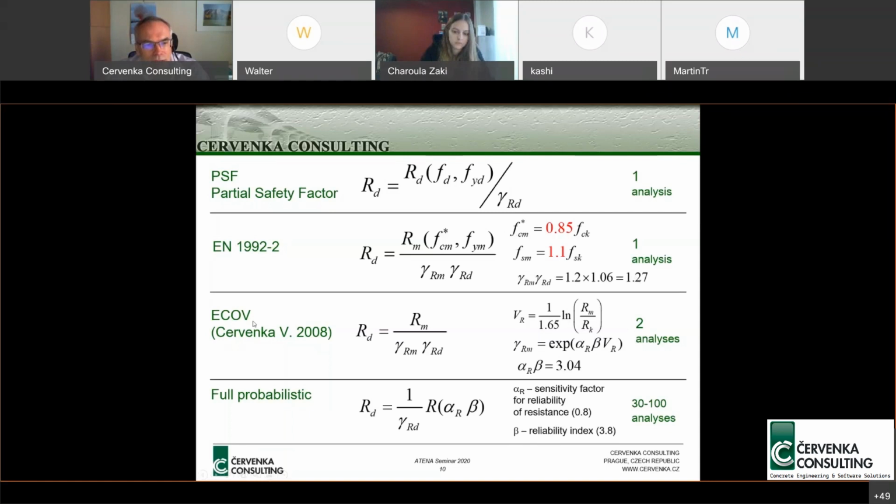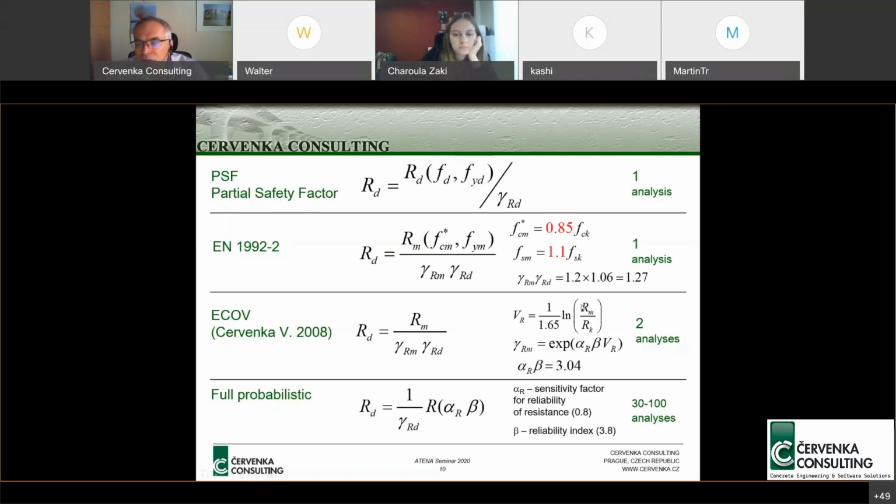And then the third approach is already starting to introduce some probabilistic assumptions in a more consistent way. That is the ECOV method, which was proposed by Vladimir Cervenka in 2008. With this method, you need to make two analyses, one using mean material parameters, and one using characteristic parameters. So you have two analyses.